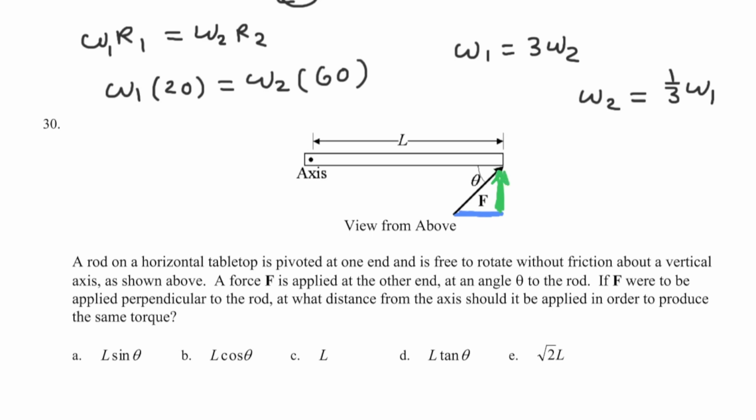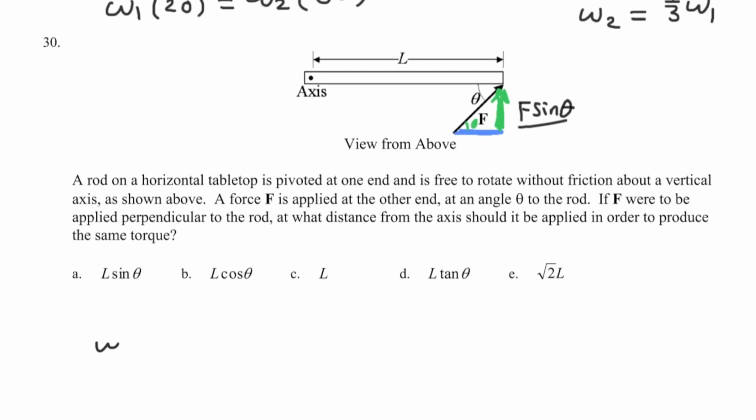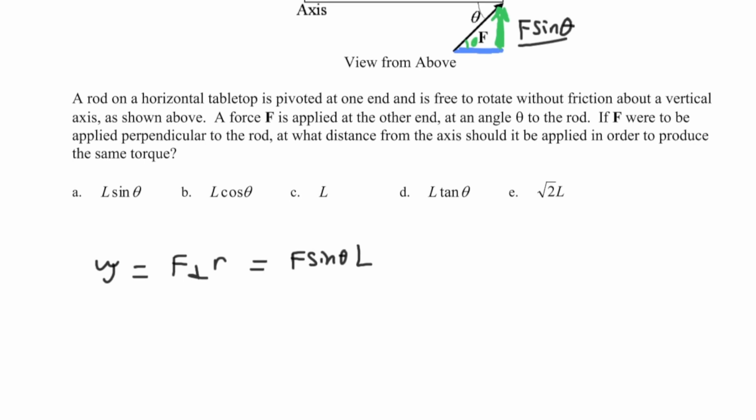And we can see that since this angle is also theta inside the triangle, this is just going to be F sine theta. So the torque is just going to be equal to F perpendicular times the distance, which is equal to F sine theta times L. So we just need to figure out where to place a force F to get this same torque.